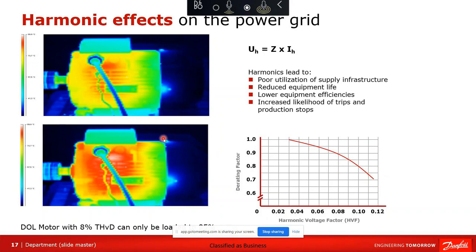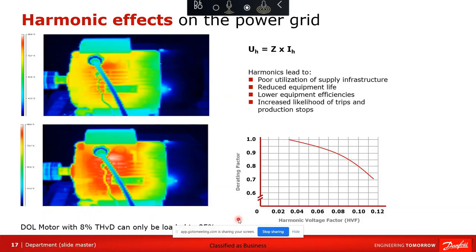The thermal image on the left shows two motors, both direct online or across the line without a drive. The upper motor is a thermal image with a voltage distortion of less than, say, 4%. The lower image, I don't know if you can see that. Yeah, you can see that. The lower image is a motor with 8% voltage distortion in the system. The problem with that is, from IEEE documentation, that motor will end up being derated to 85%.